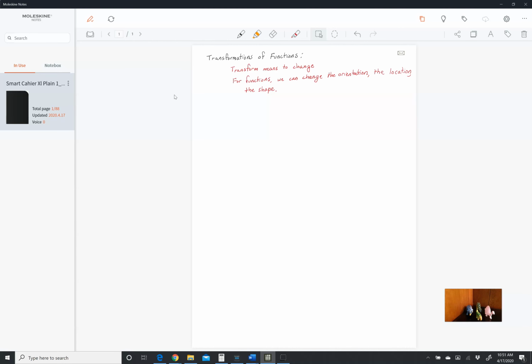If we change the shape, it's called a non-rigid transformation. So in a rigid transformation, the shape does not change.